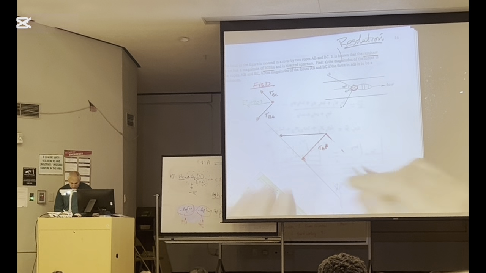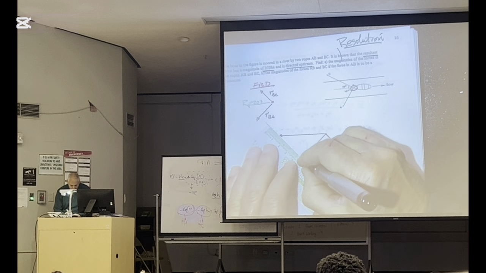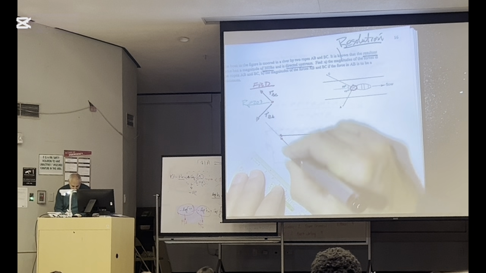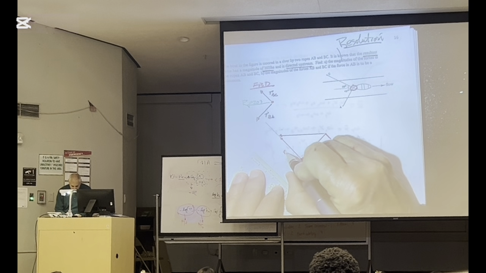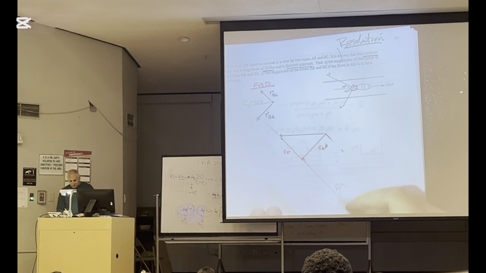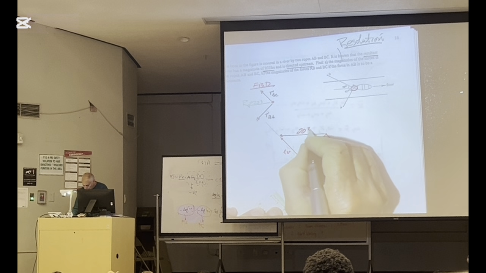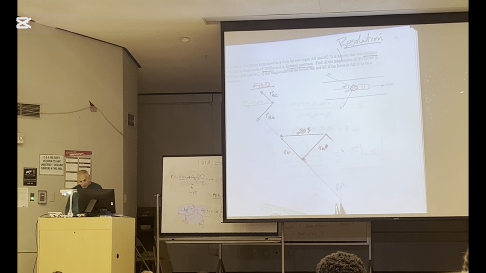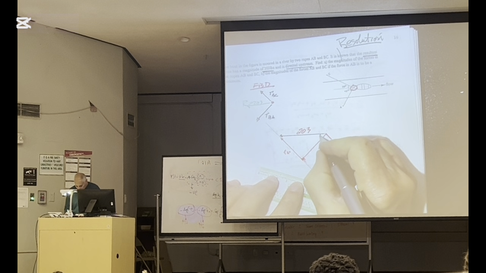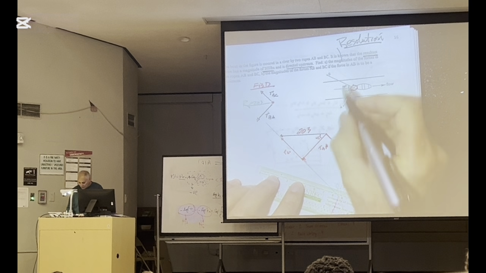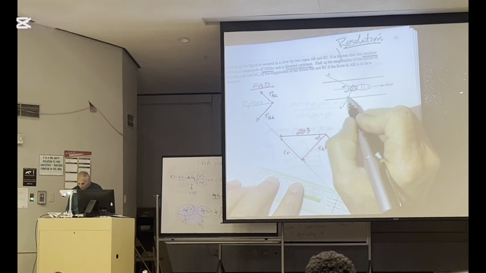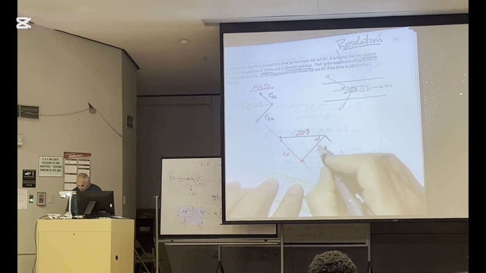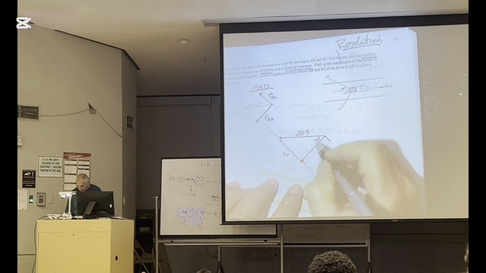That automatically tells me, head to tail, that puts TBC here. I know this is 203. I know this is 45, because TBA is 45 relative to horizontal. There's TBA, that's a horizontal, that's 45.